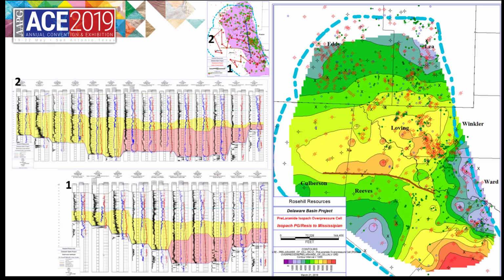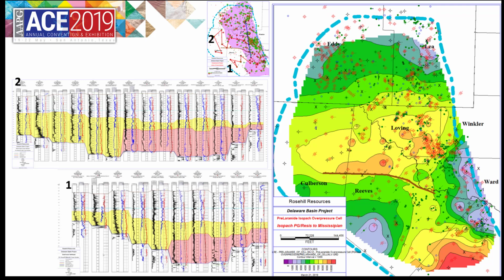So let's look at that gross isopach of the entire overpressured section, with cross section 1 and cross section 2. This is 1, this is 2. Everything in pink is currently overpressured. Everything in yellow and pink is telling me what was overpressured.